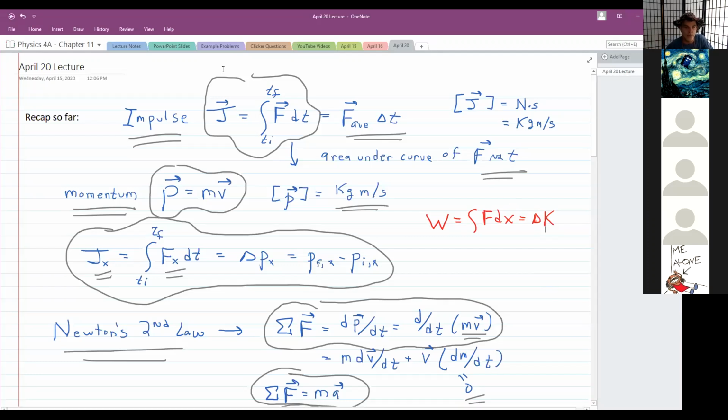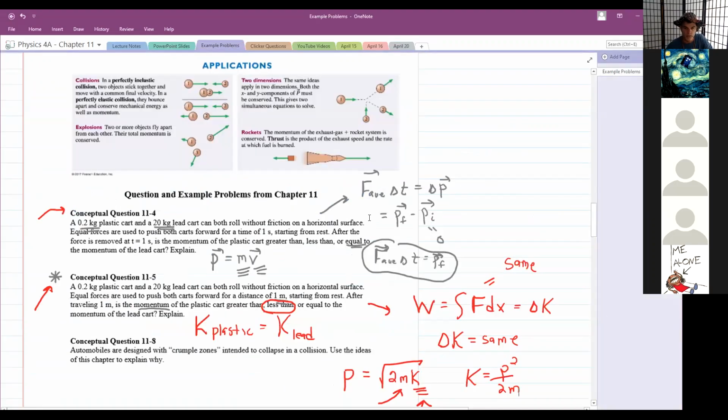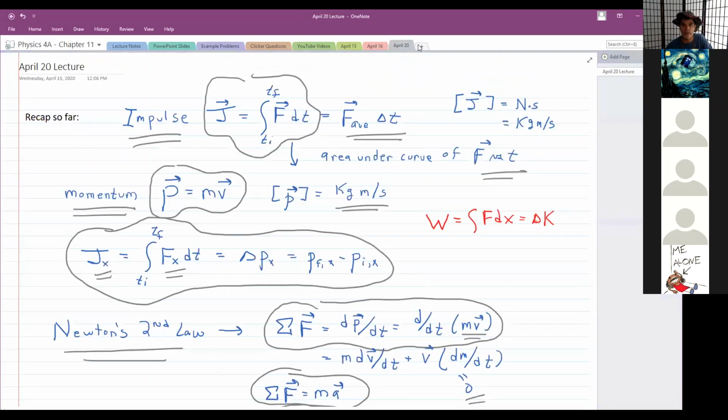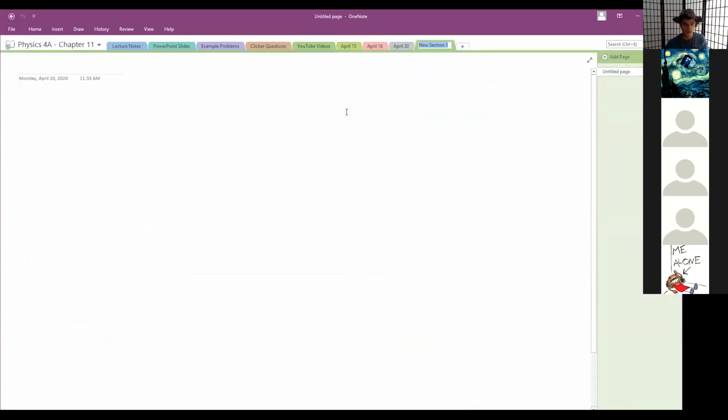Okay, let me do an example problem. Actually, let me just make up one as a classic example. Let's say I had two people on a frictionless ice surface. Let's call the mass of one 50 kilograms and the mass of the other 100 kilograms.